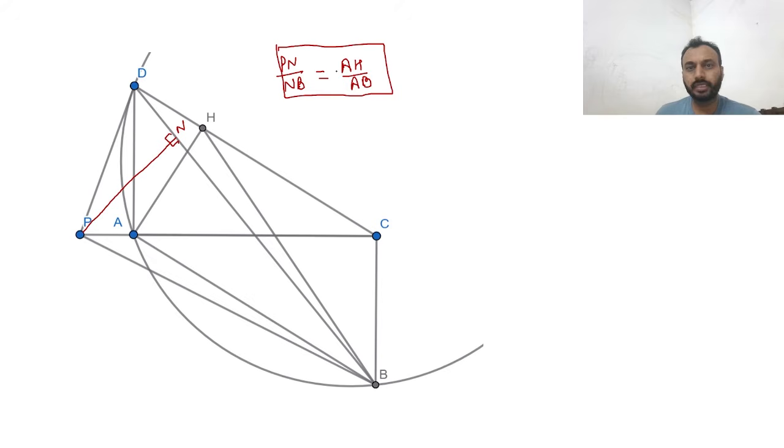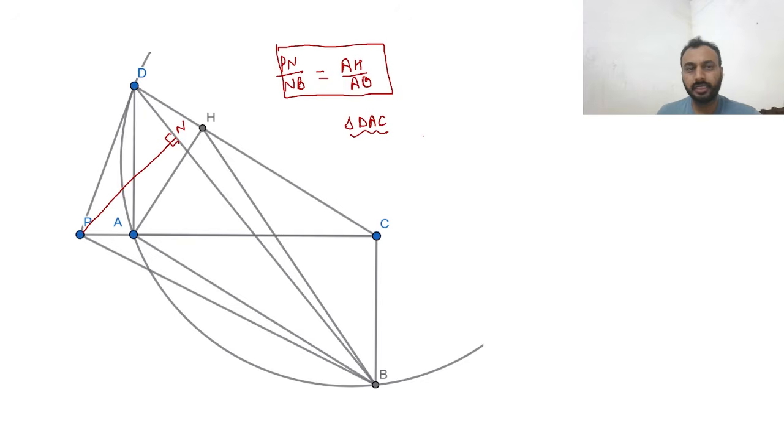So let's first find out the ratio AH by AB. AH is this length. First we can define the side lengths of triangle DAC. Let's consider triangle DAC.